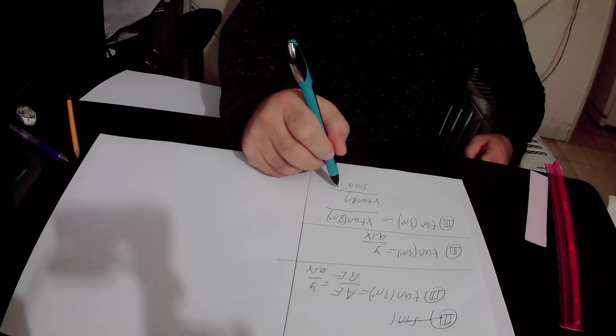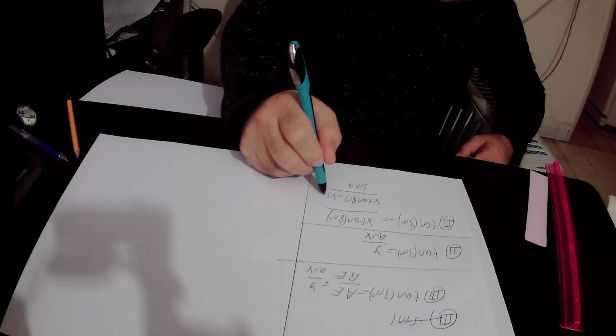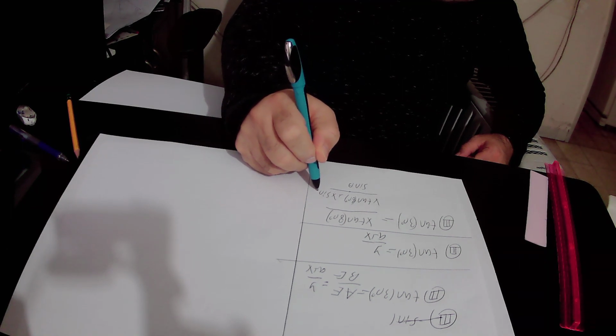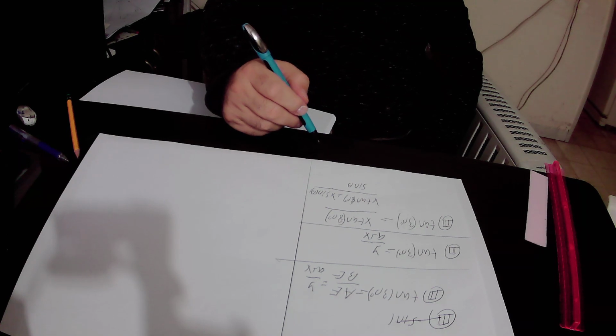Actually, we will multiply X by sine theta and then divide it by sine theta, so we change nothing, it is still X, in order to have a common factor with this expression.